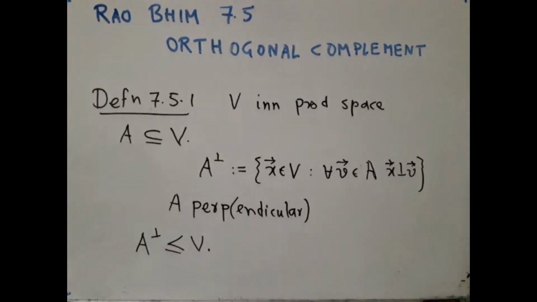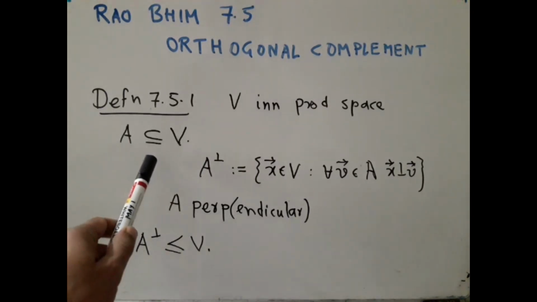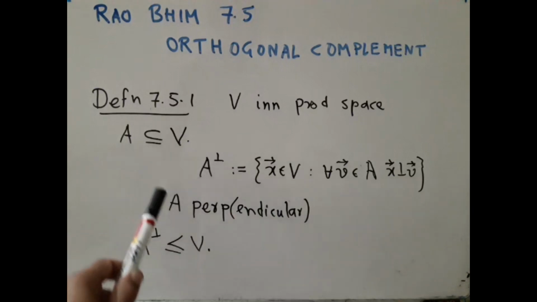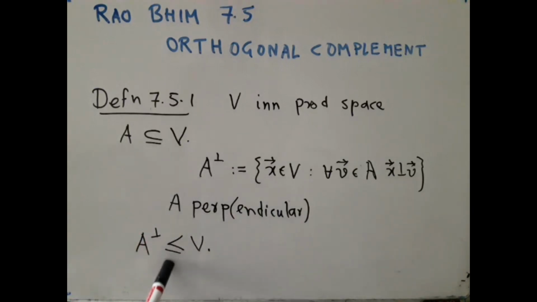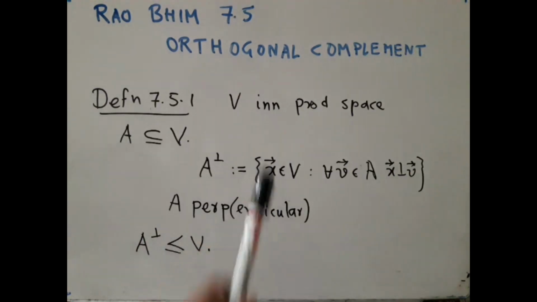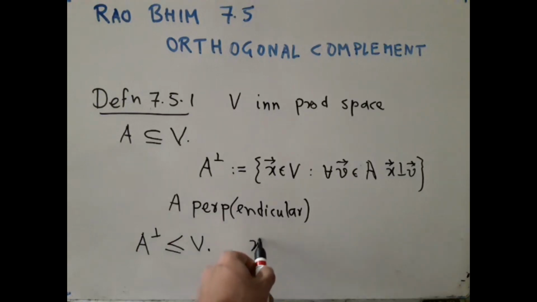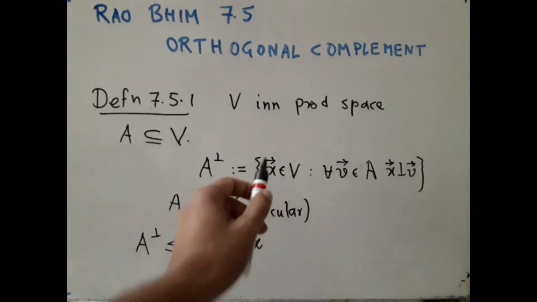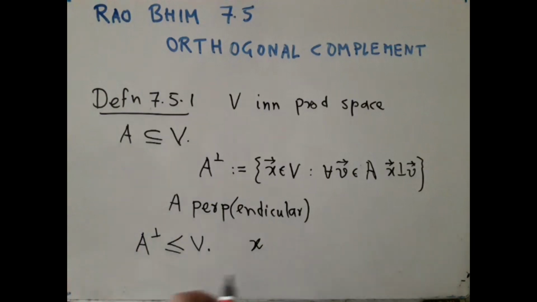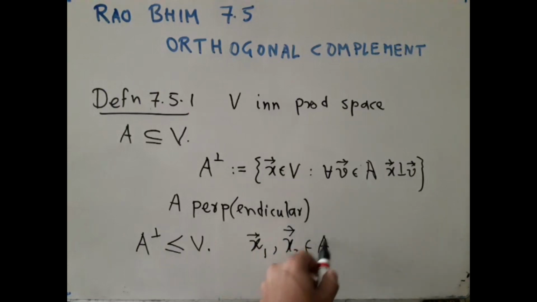Then it is easy to say that A perp must be a subspace of V. This was any arbitrary subset and this is a subspace. Why is that? Because if I take any two vectors in A perp, I can show that their linear combination will again lie in A perp. So let's just take any x1 and x2 in A perp.